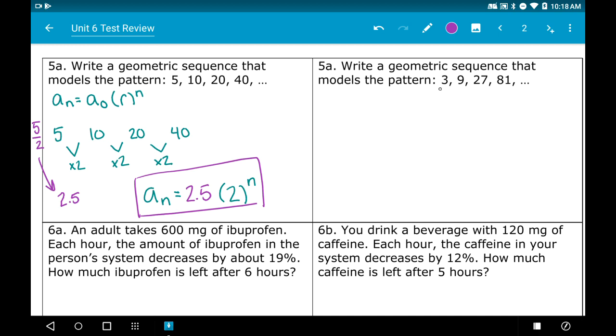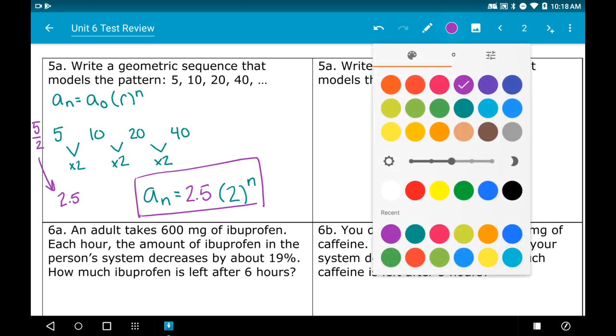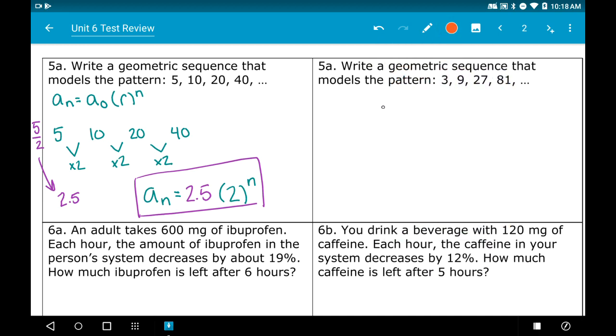Now the same thing with this one. It's still going to be a sub n equals a sub 0 times r to the power of n. So then it's a sub n equals, we need to figure out what our r is.